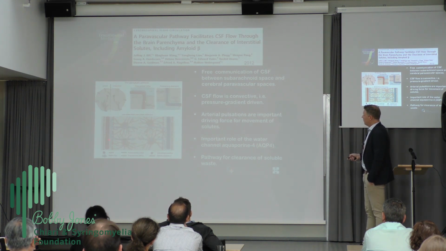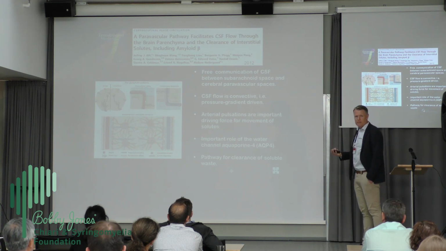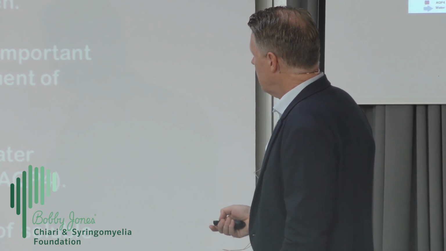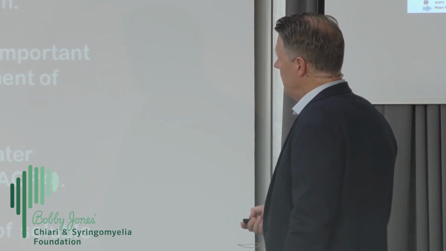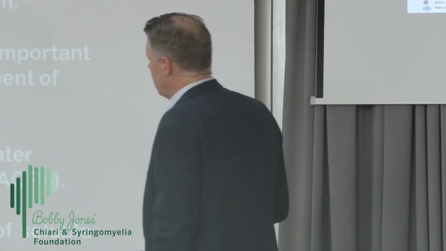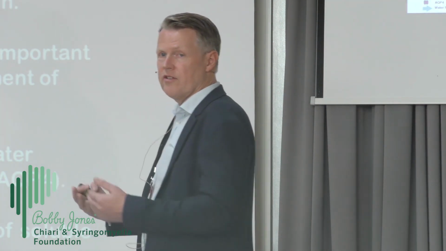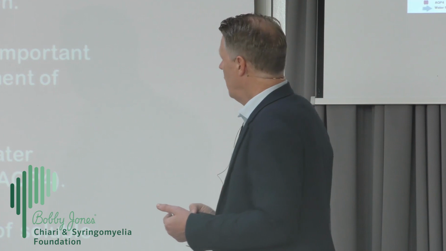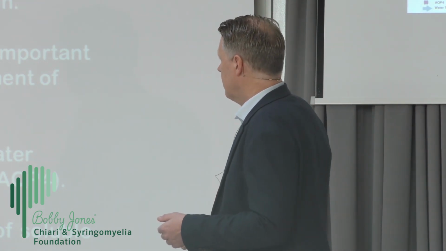So this transport of fluid and also solutes is then aquaporin dependent, aquaporin 4, that is enriched at the astrocytic end feet of the glia cells. So this is then a pathway for clearance of metabolites from the brain.